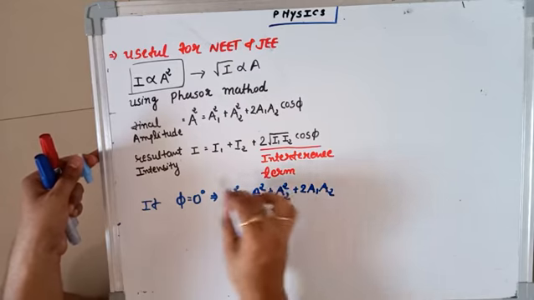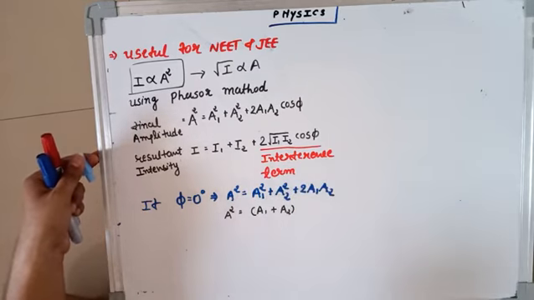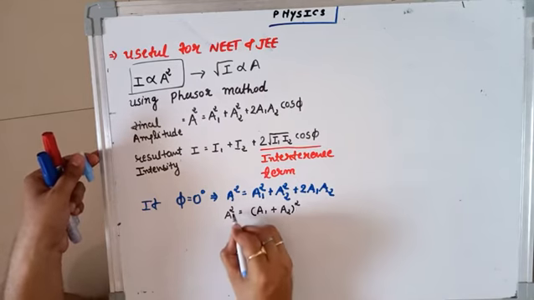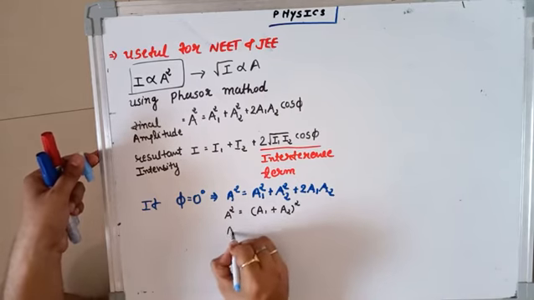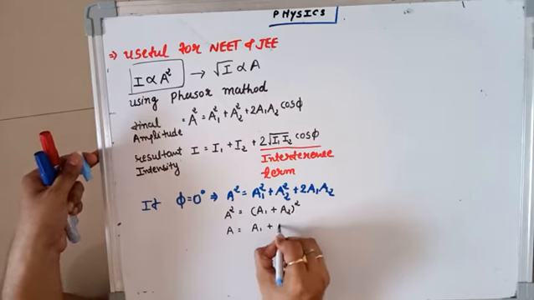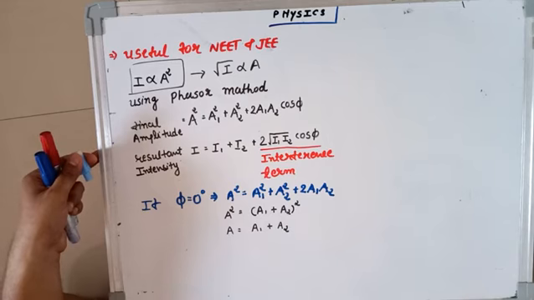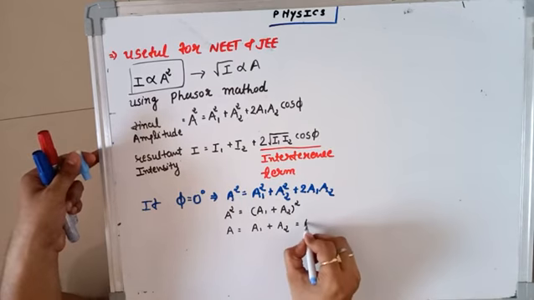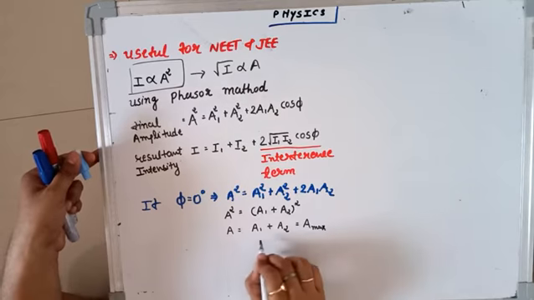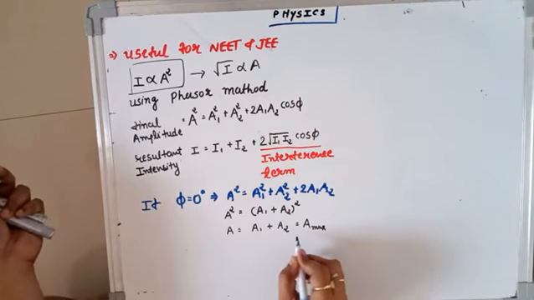This is the algebraic solution. Now take the under root on both sides, so A is equal to A1 plus A2. This is called the maximum amplitude, which is the sum of the two individual amplitudes.